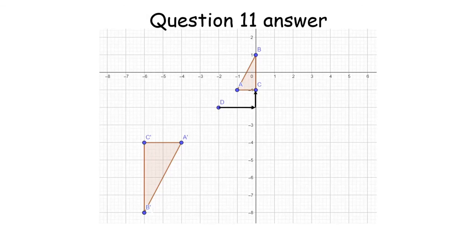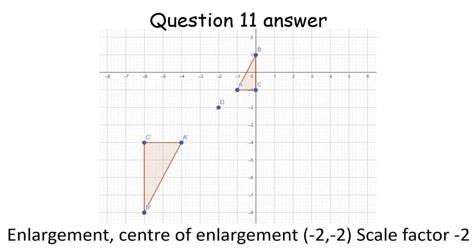For C, it took 2 along and 1 up, and in the opposite direction, it took 4 along and 2 down to get to C dash. So it was in the opposite direction on the other side of the centre of enlargement, so it's scale factor -2, with centre of enlargement at -2, -2.